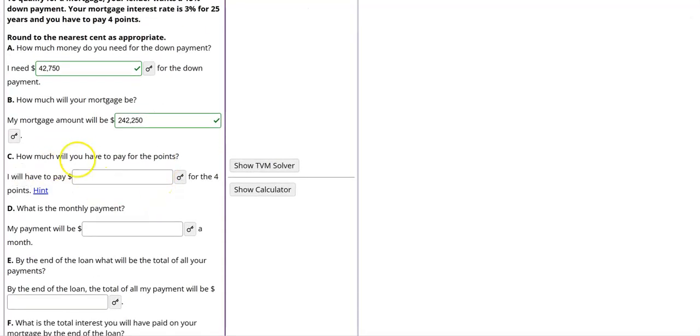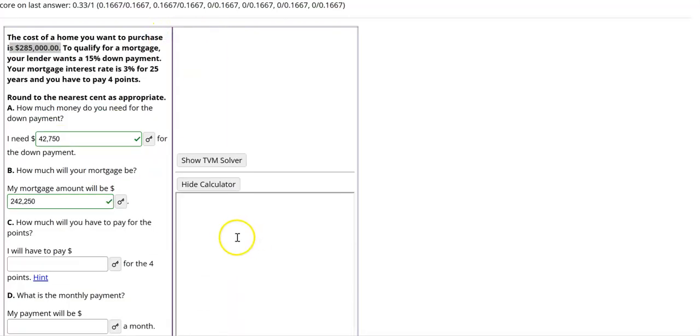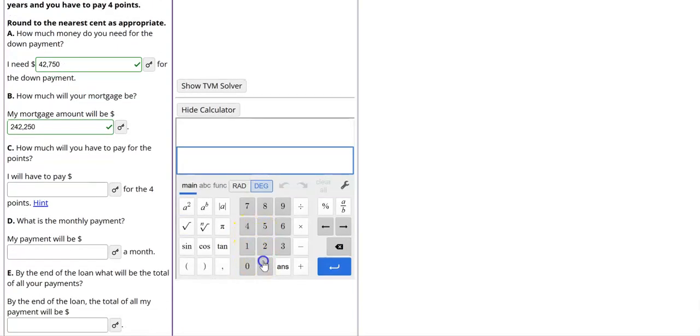So next question is how much will you have to pay for the points? Remember that 4 points is 4%. So for the points you have to pay 4% of the loan, not the selling price of the house. So 4% of the loan is going to be 0.04 times the loan, 242,250.